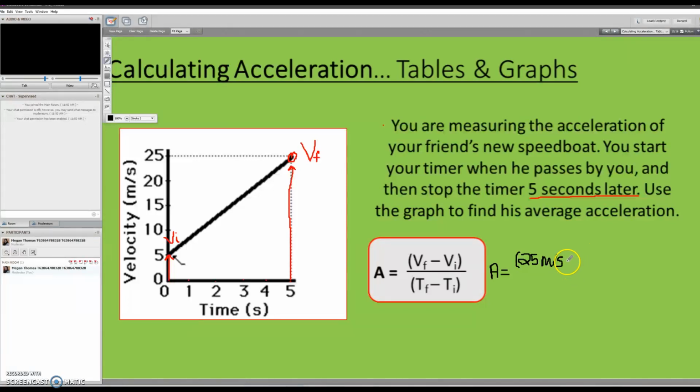And I'm going to subtract my initial velocity. My initial velocity is 5 meters per second, because I find my time 0, my initial velocity, and I can see the line is at 5 meters per second.